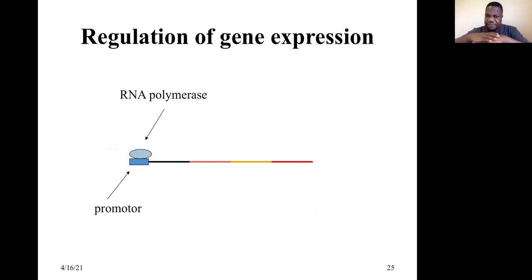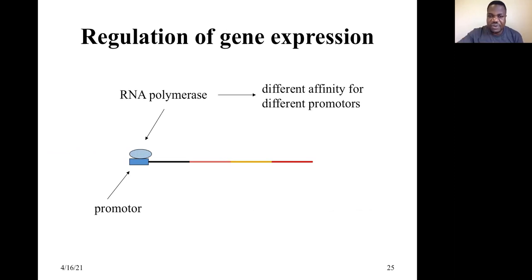And if there is a fit, gene expression is going to take place. Depending on the affinity of that RNA polymerase with different promoters, there will be different levels of gene expression.